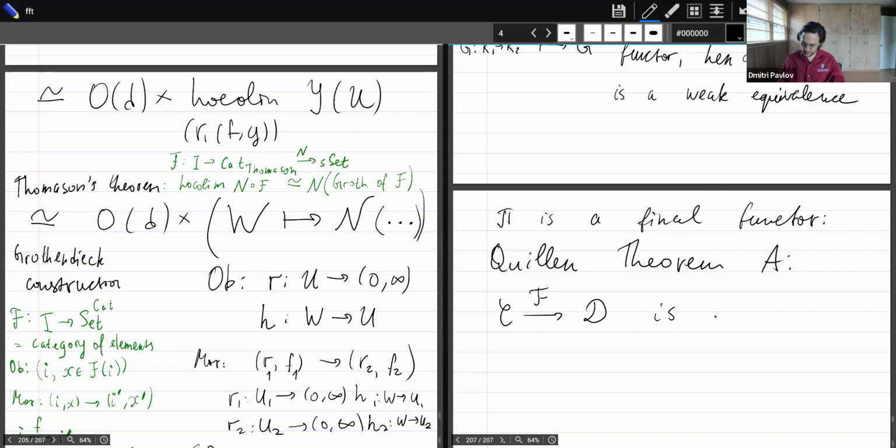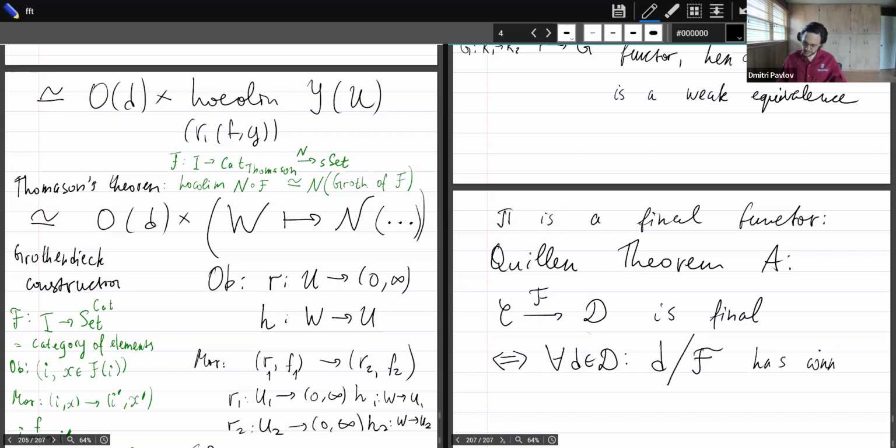F is a final functor, so final means colimits along D can be computed as colimits of the C-indexed diagram: if you have a D-indexed diagram, its colimit can be computed by restricting along F. F is final if and only if for every object in D, the comma category D over F is connected.